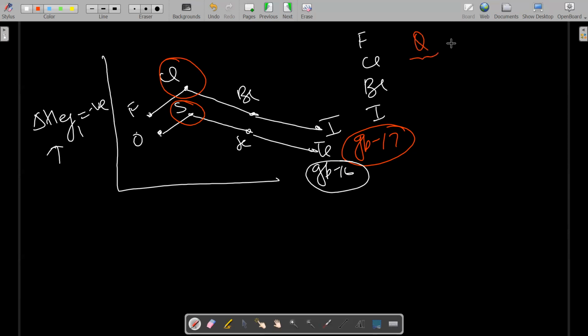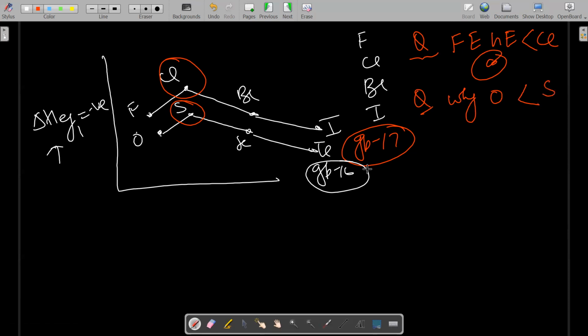So we can ask the question, why is fluorine's electron gain enthalpy lesser than chlorine? Or the same question we can ask: why is oxygen's first electron gain enthalpy less than sulfur? So both answers are the same.